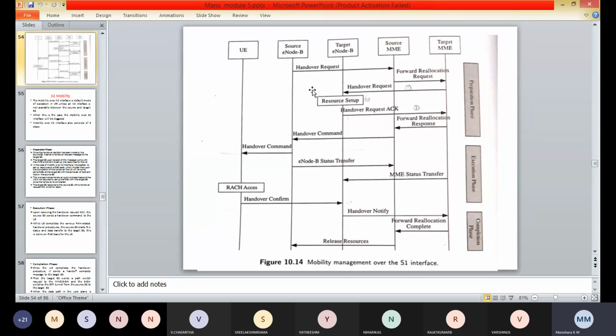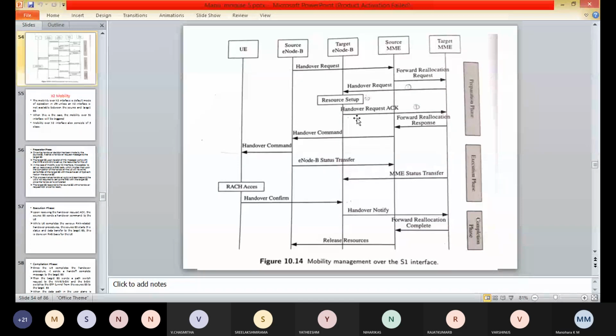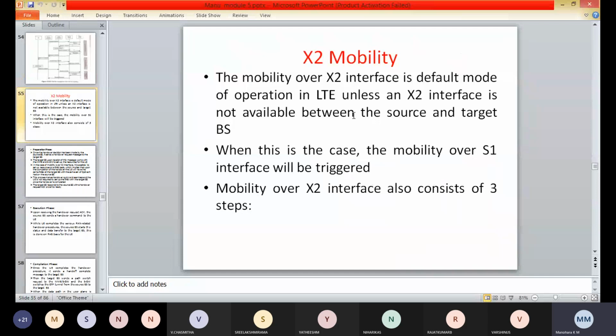Now we have X2 mobility. Mobility over the X2 interface is the default mode of operation in LTE, unless the X2 interface is not available between the source and the target E node Bs. In that case, mobility over the S1 interface is triggered.